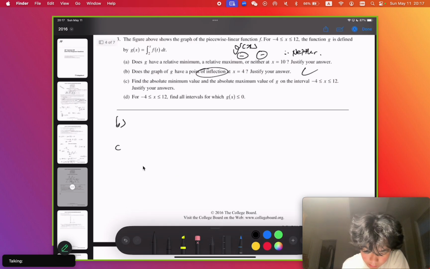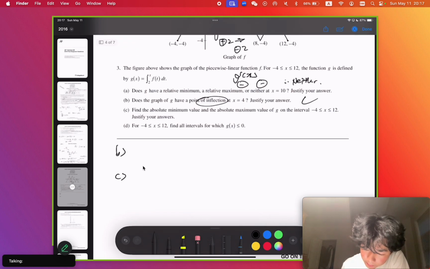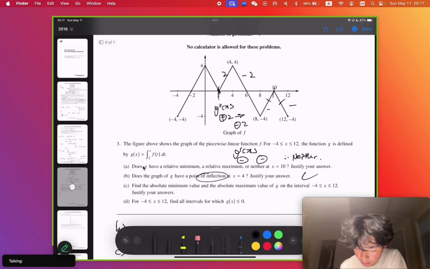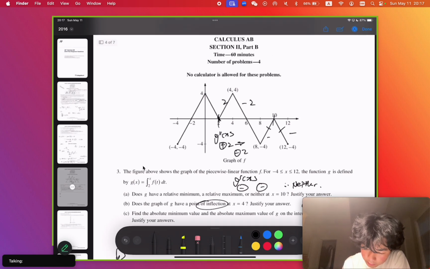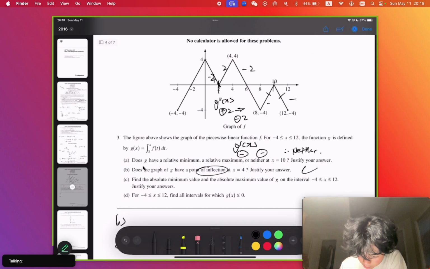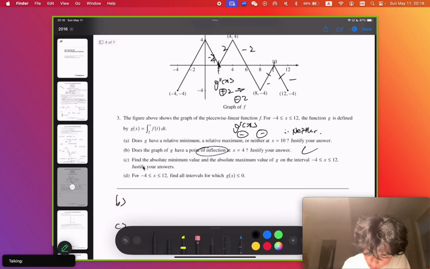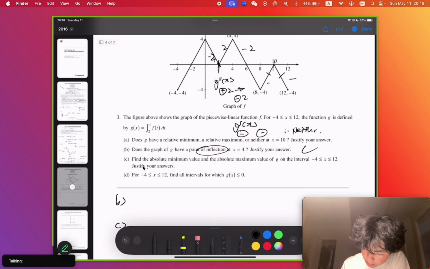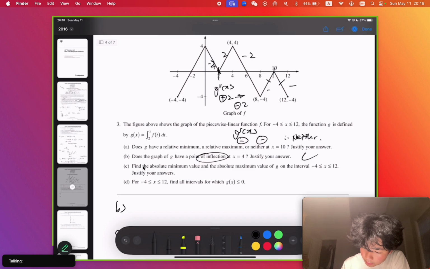Alright, C. Find the absolute minimum value and the absolute maximum value of g on the interval -4 to 12. I was super confused about this because I didn't know if this is negative. I feel like this is still negative, honestly. So this is -2. No, 2 times 4 divided by 2 is 4. Alright, -4. And 12, I guess.